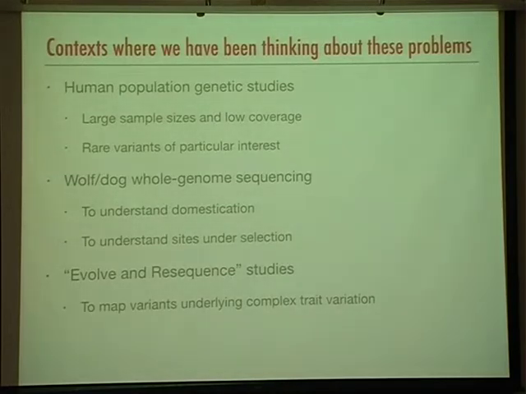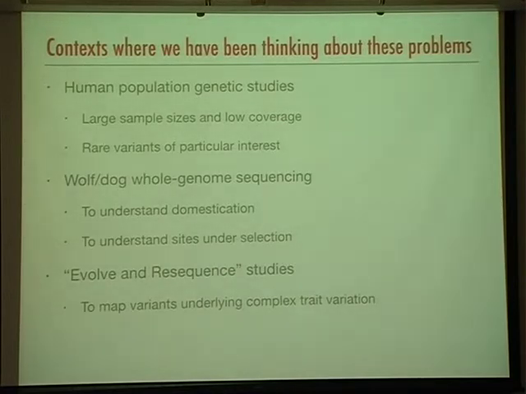So that's one domain. Another domain is the wolf-dog whole genome sequencing that we've been doing, working on understanding domestication and studying sites under selection. And there, we were able to raise funds and get reagents to do 6 canid genomes, so these are mammalian-sized genomes, but to get those 6 samples that we wanted, we could only do them at about 20x coverage each.